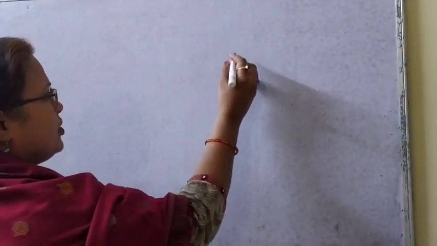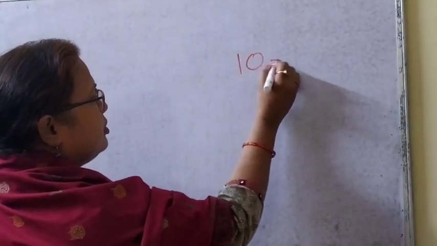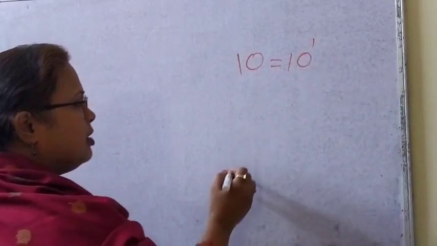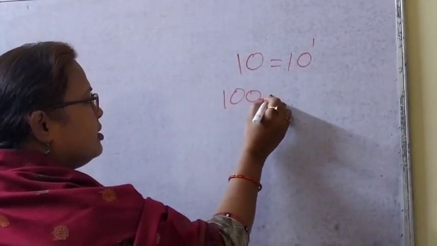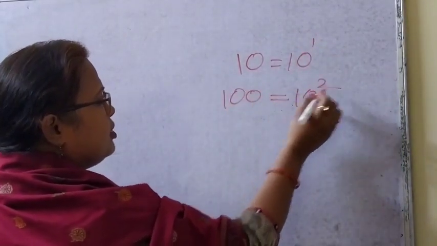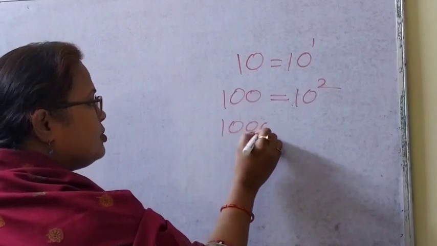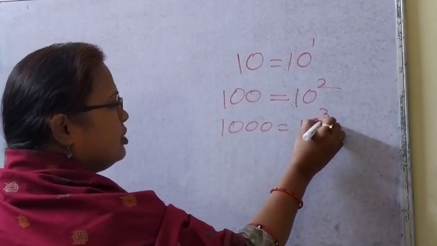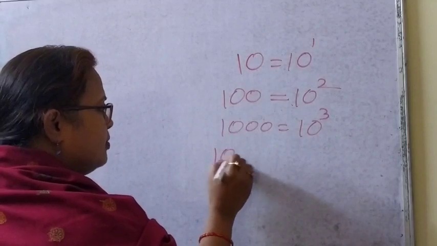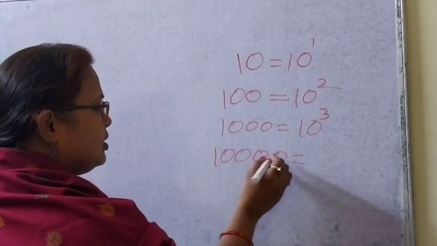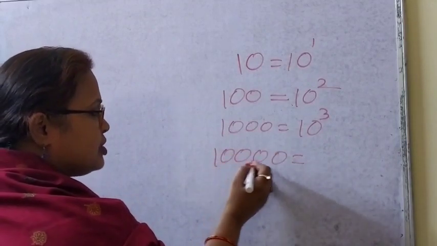Higher power of 10 means what? Like when we write 10, then this is what? 10 to the power 1. When we write 100 means what? 10 to the power 2. When we write 1000, then this is what? 10 to the power 3. Again, when we increase one more zero, then it becomes 10,000.